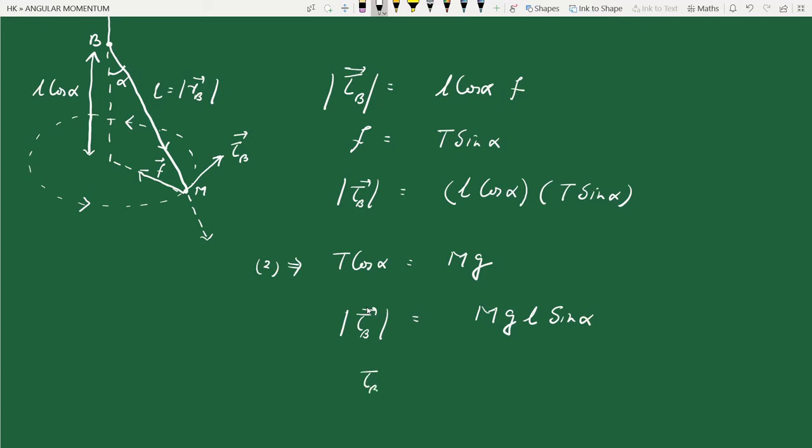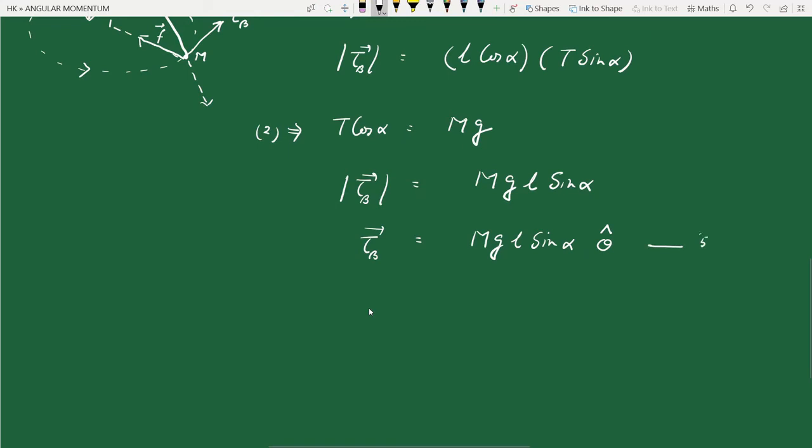Then what is the vector form of torque? mgL sine alpha. We can see that this torque is tangential to the circular path, and this is the direction in which the polar angle theta increases. So we can say that it's the direction theta cap. So this is our next equation, equation 5.